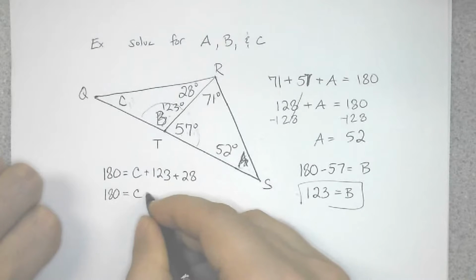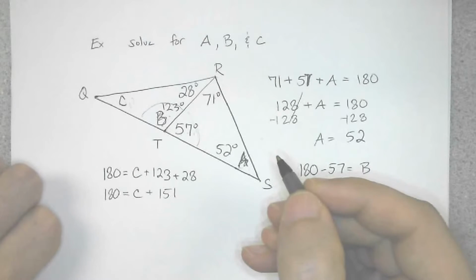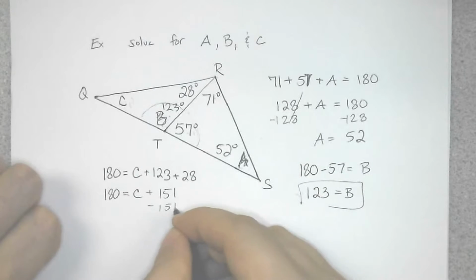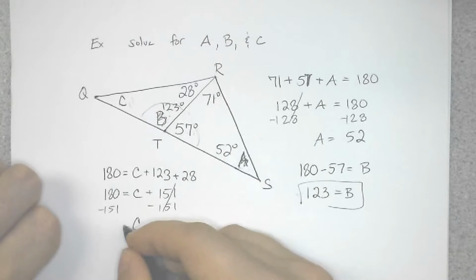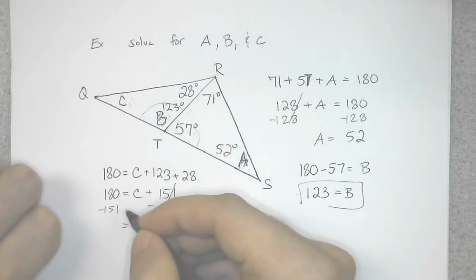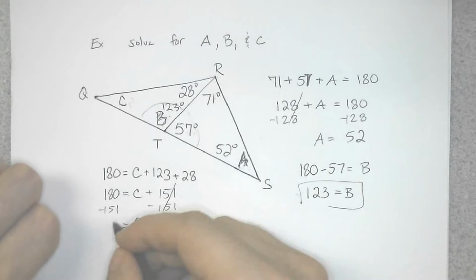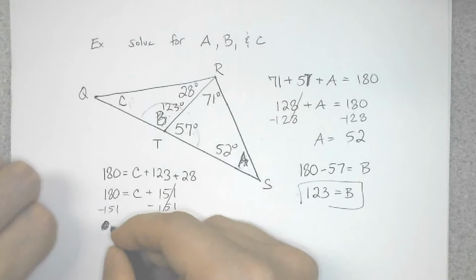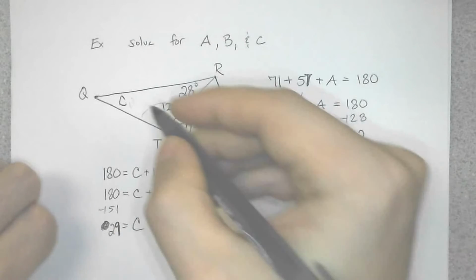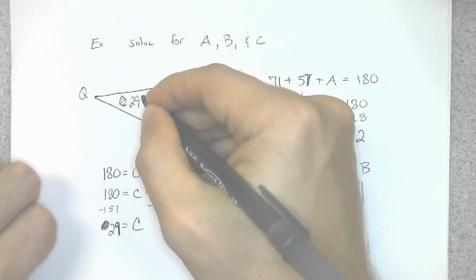So we have 180 equals C plus 151. I'm going to subtract 151 from both sides. I end up with C equals 180 minus 151, which is 29. So we know this is 29 degrees.